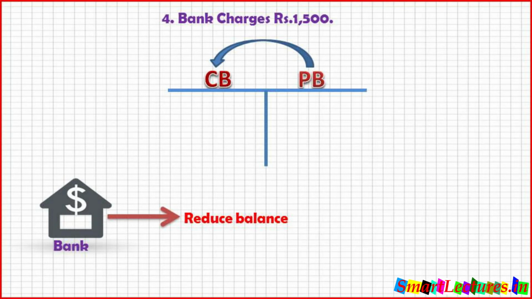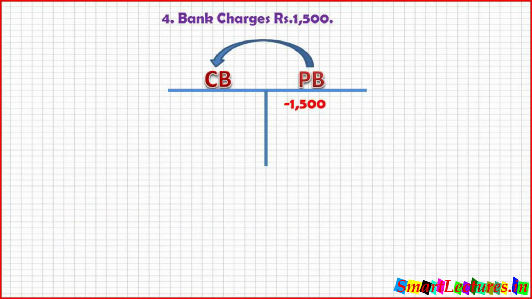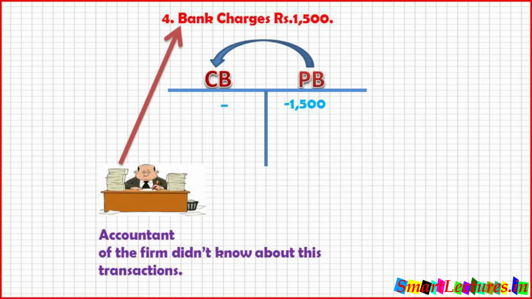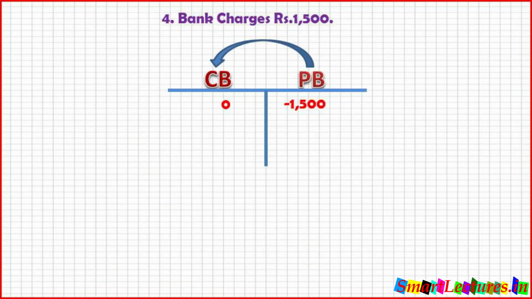So in the passbook, minus 1,500. But the cash book was showing nothing because the accountant was not aware of this transaction. So cash book was 0, but passbook was showing 1,500.